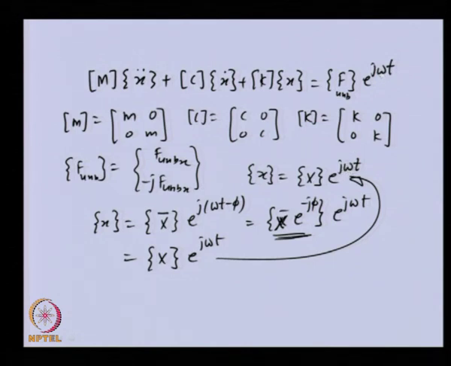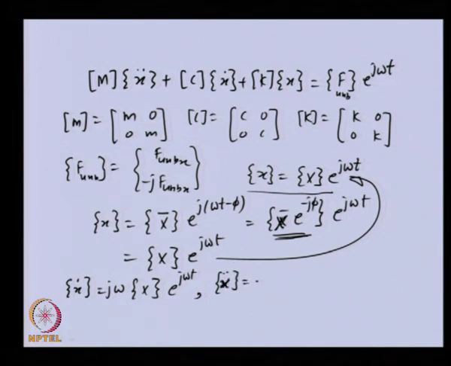Now, once we have chosen the solution of this form, we can take the first derivative. So, we will get this, and for the second derivative we will get this.